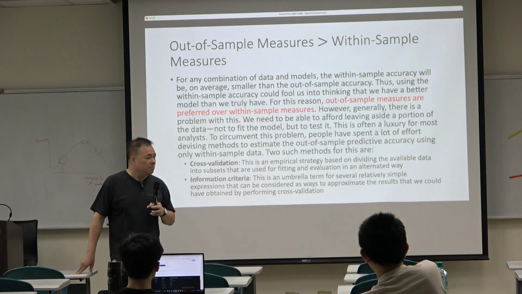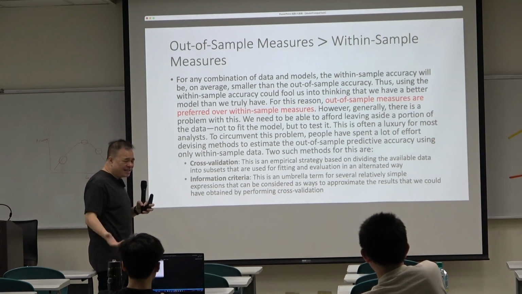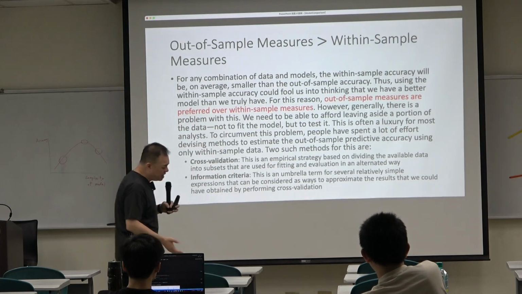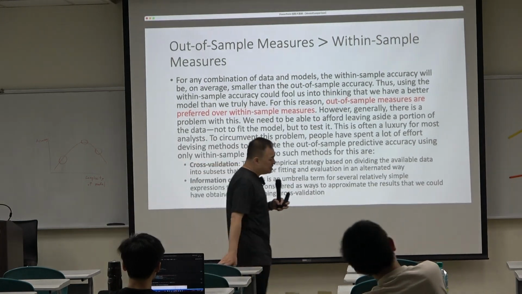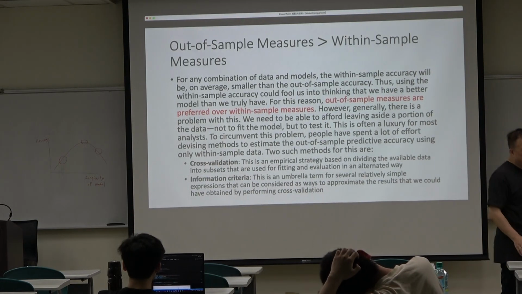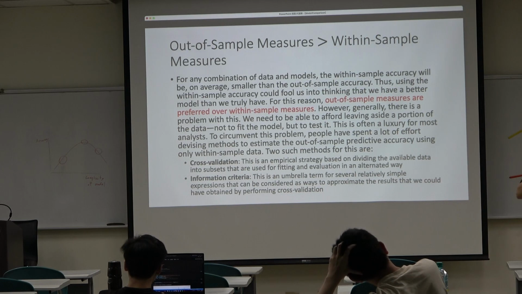But at the same time, for Bayesian data analysis, most of the time the size of the data is so small that it's not affordable to divide the data further.